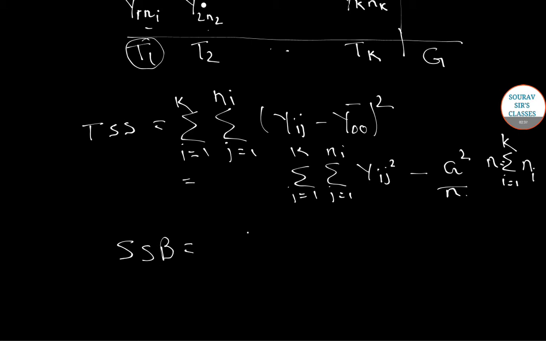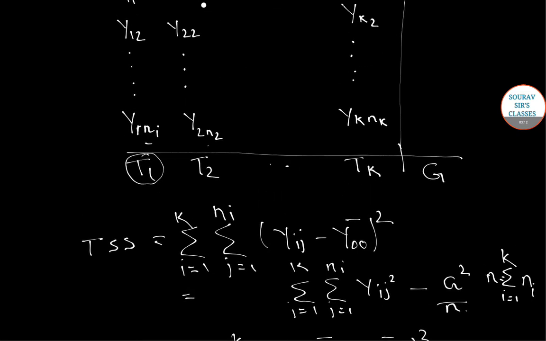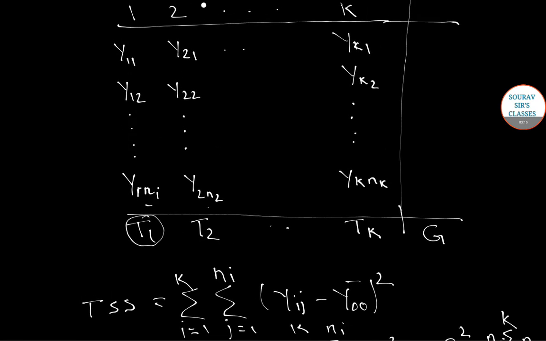SSB is equal to summation i equals 1 to k ni into yi naught bar minus y double naught bar whole square, which is equal to summation i equals 1 to k Ti square divided by ni minus G square by N, where Ti is represented as the sum of observations under ith factor.